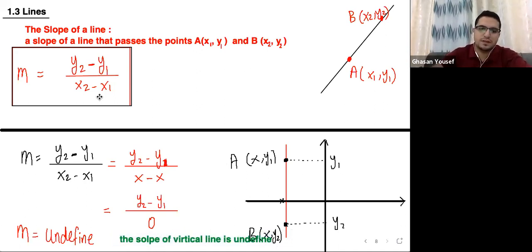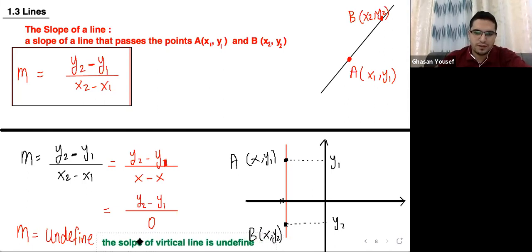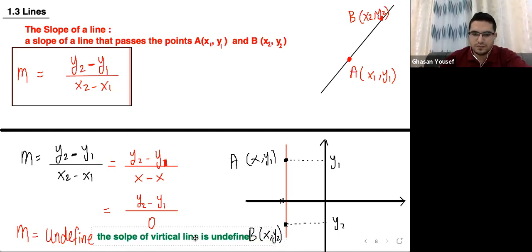Always, the slope of a vertical line is undefined, all the time. Any question for this?